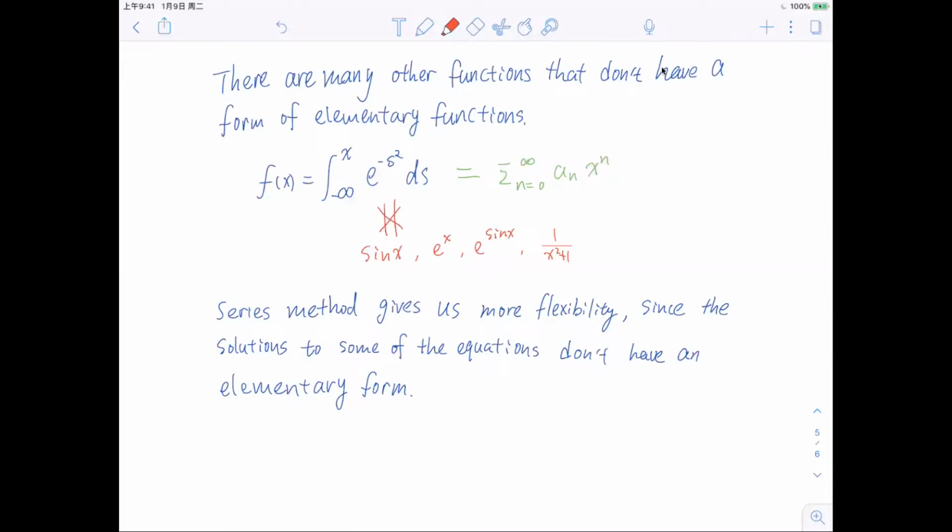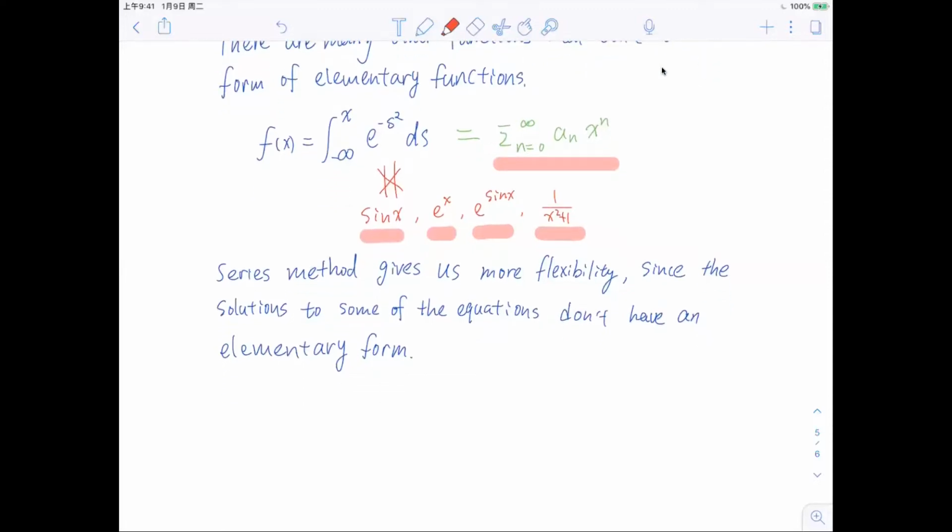That is, we cannot write it as sine function, exponential function, or their composition, or some other elementary function. There is no way we can write it in such a form. And meanwhile, we should notice it is possible for us to write out a series representation of this function.